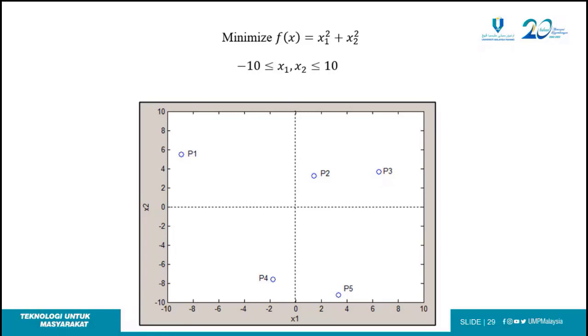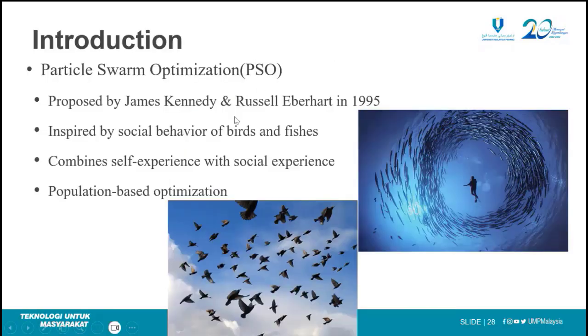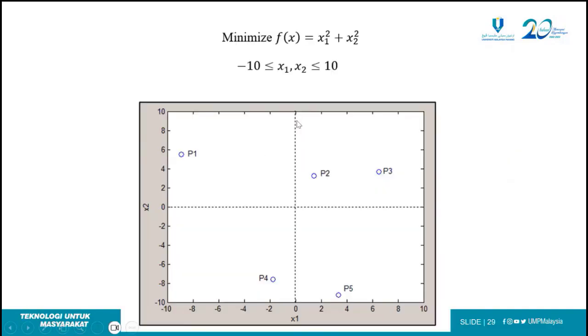Okay, so back to particle swarm optimization. Based on the existing candidate solutions, they will determine their leader. In PSO we call it the global best. Let's say the leader, or the global best, is P2, because this one is the nearest to 0, 0.